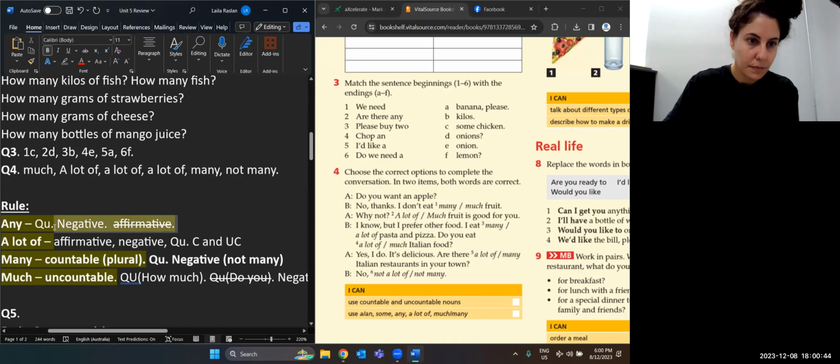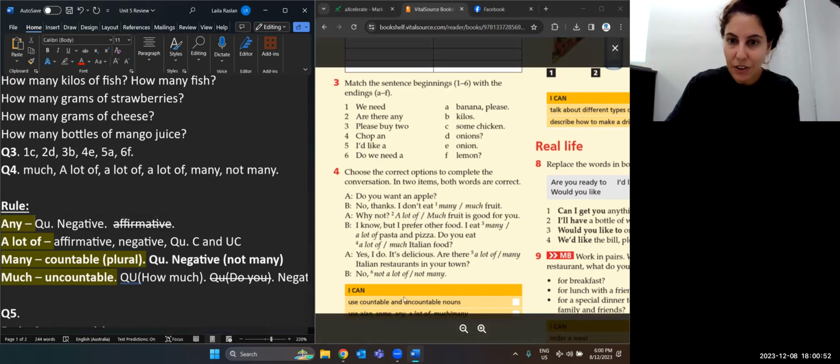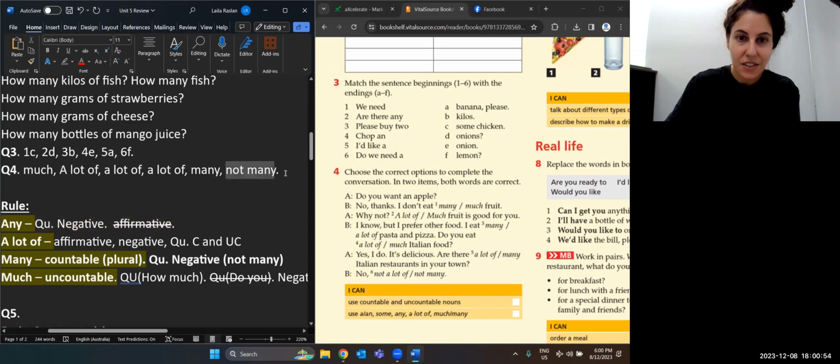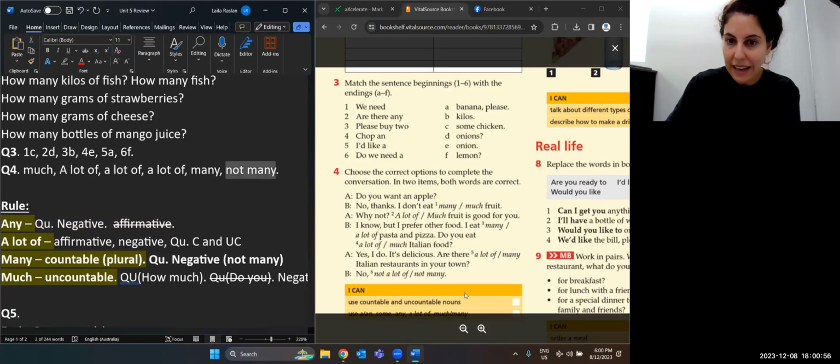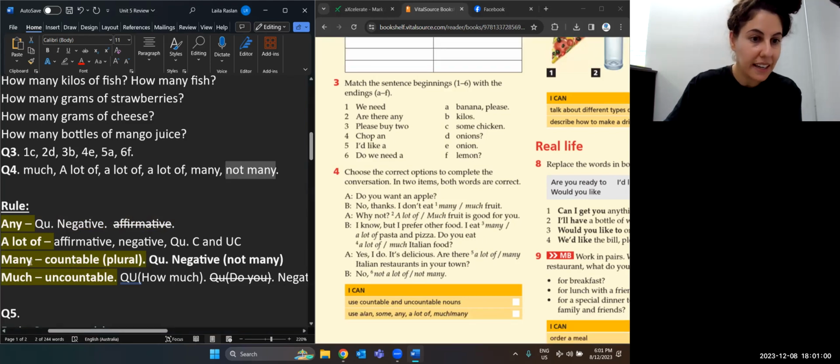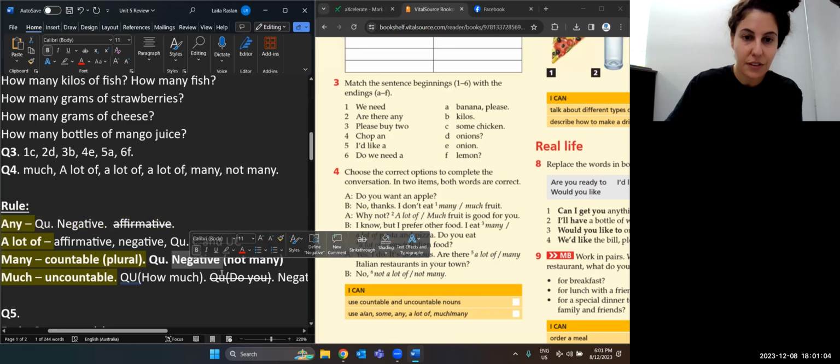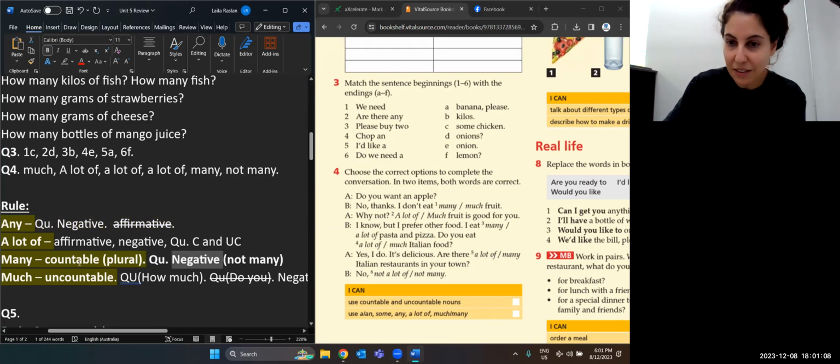Okay, no, not many. Yes. So because it had, are there a lot of, not many, because not many is used in the negative with plural countable nouns.